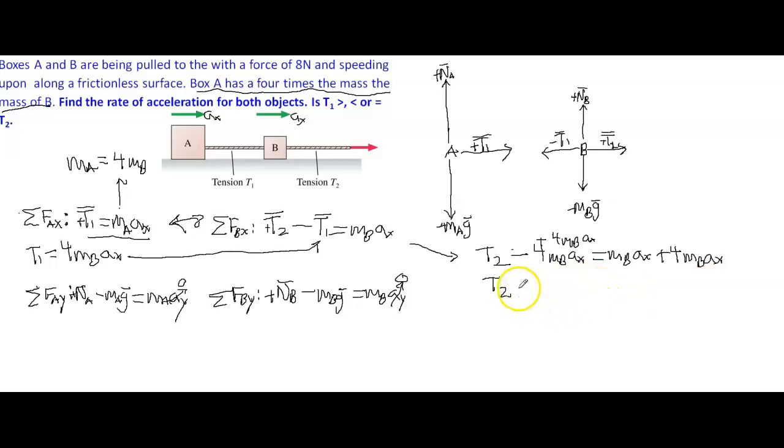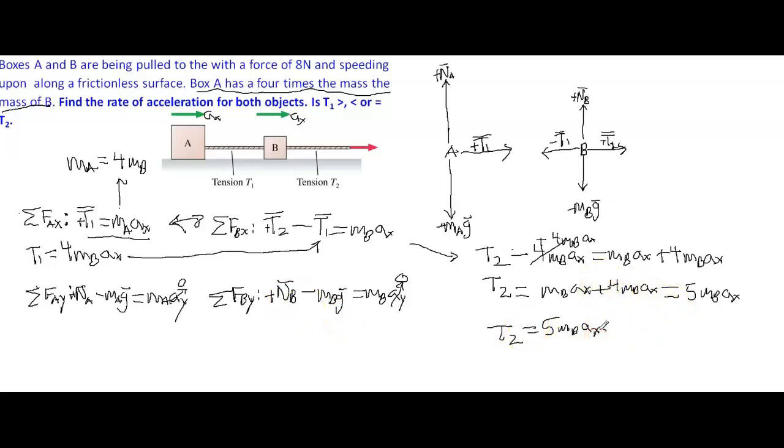And so what I'll have now, so this nils out, I'll have mass b times the acceleration in the x direction plus 4 mass b times the acceleration in the x direction. Well, add those two together, what you get is 5 mass b times the acceleration in the x direction. So T2 is going to be equal to 5 mass b times the acceleration in the x direction.